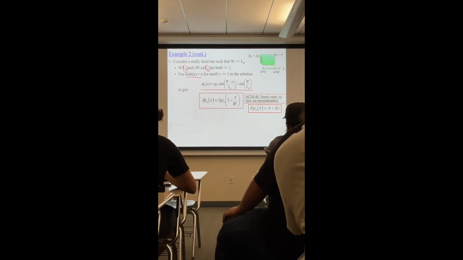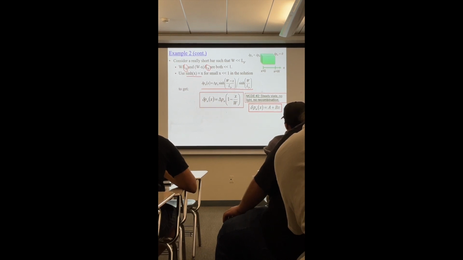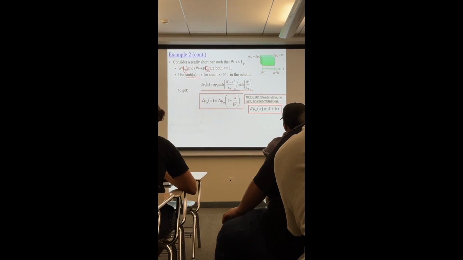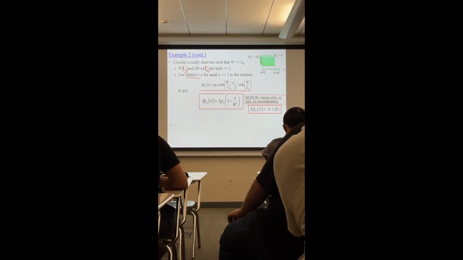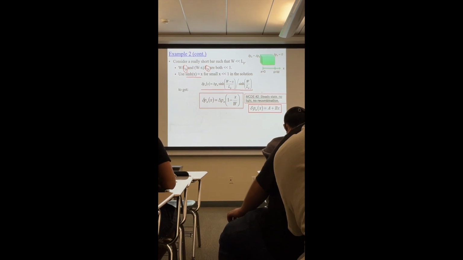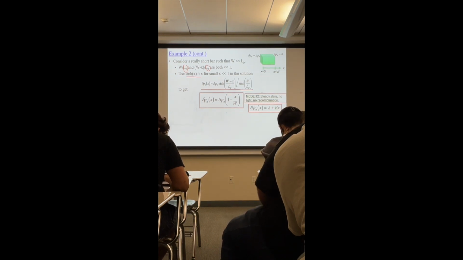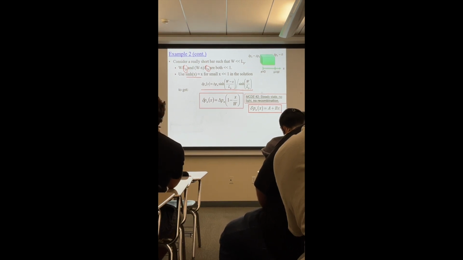So in this case we have a very simple solution: the minority carrier concentration is a linear function, since it only changes linearly with X. This is identical to solution 2 of the minority carrier diffusion equation, with the form A plus Bx, which is valid when there's no recombination.